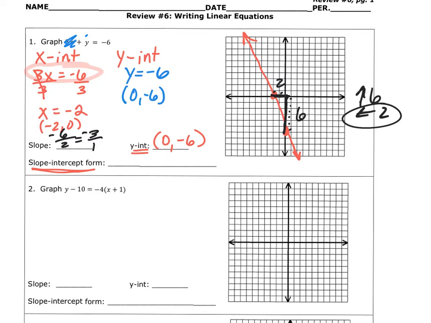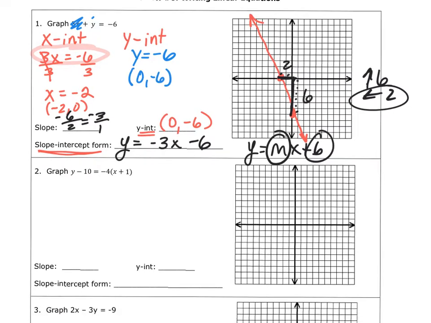Now when I write my equation, it's quite simple. Slope-intercept form is y equals mx plus b, which means I put the slope in there and I put the b in there. So it's going to be y equals -3x minus 6. And I'm now finished with that one.